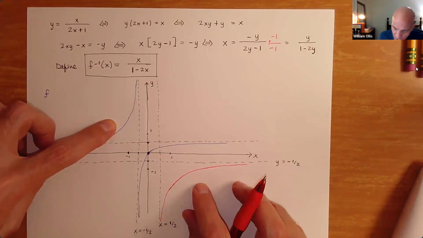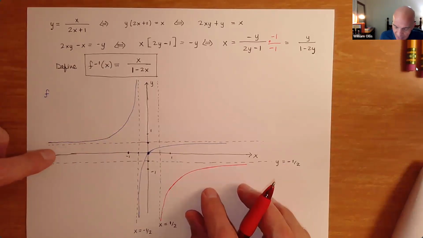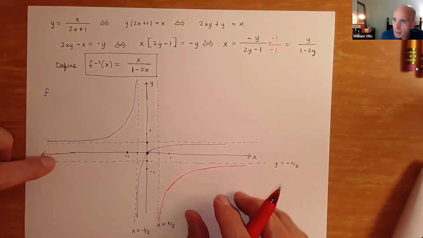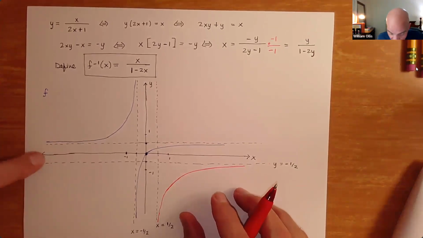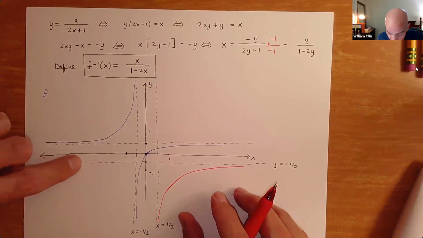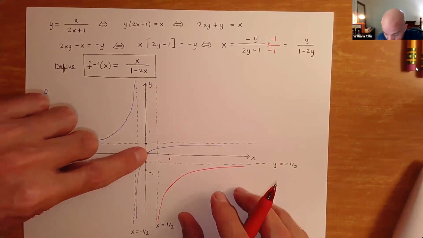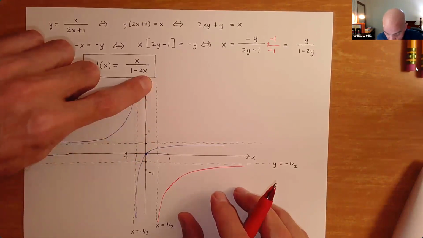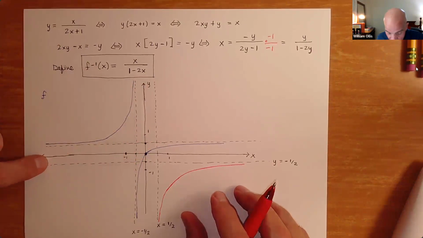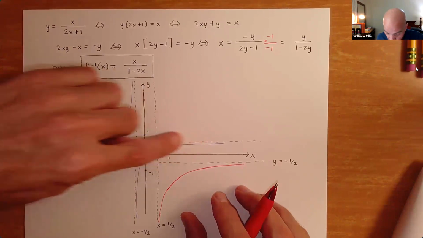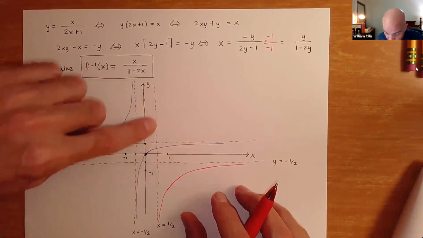And now when we do the other reflection, again, we've got to be reflecting in the line y equals x. And so we've got to hug this line, but then we've got to cross through here and then hug this line. So we've got, again, the horizontal asymptote, which is reflecting this part here, and then we have to reflect this part here.